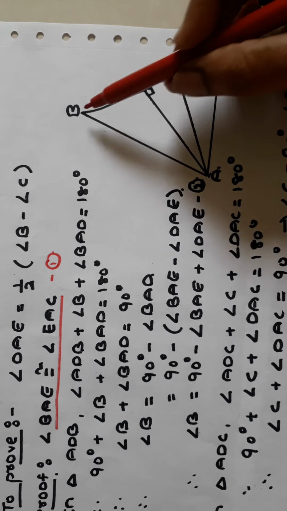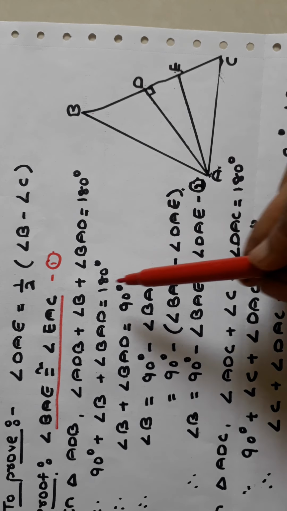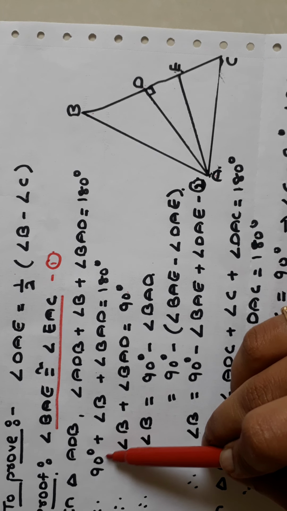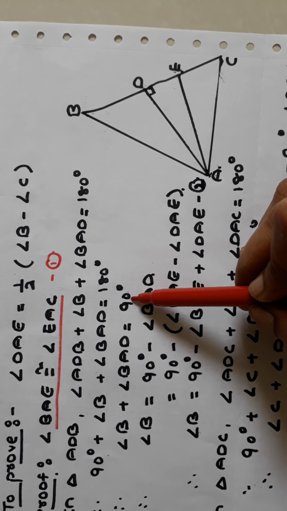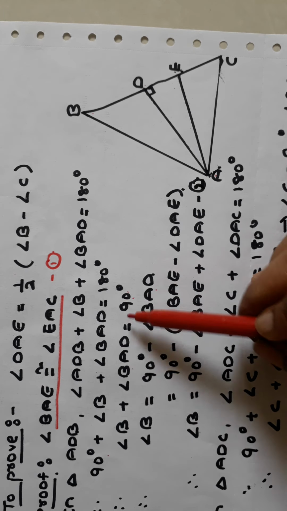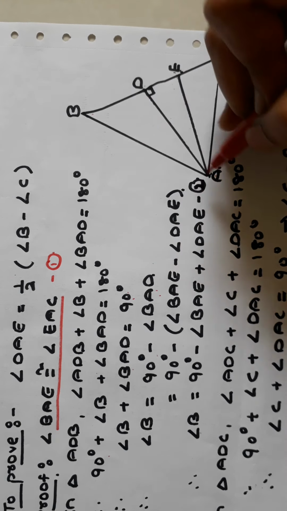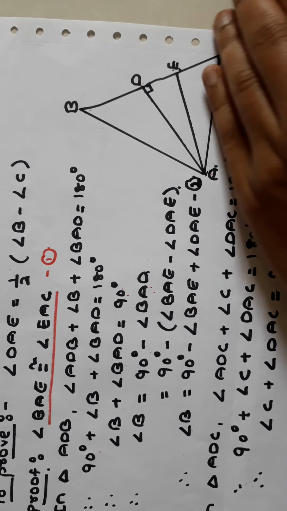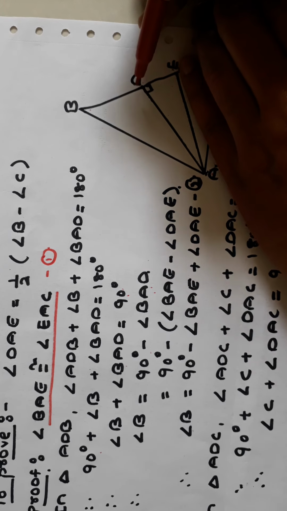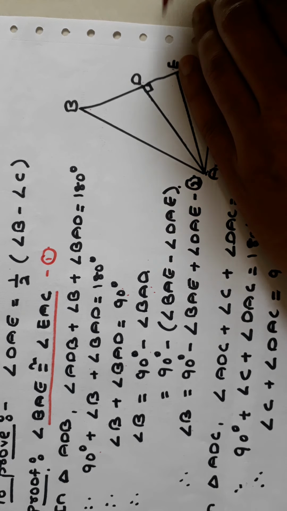So angle ADB plus angle B plus angle BAD is 180 degrees, but angle ADB is 90. Take 90 to the other side. So 180 minus 90 is 90. Now take BAD to the other side. 90 minus angle BAD. But if you look at the figure, angle BAD is angle BAE minus DAE.